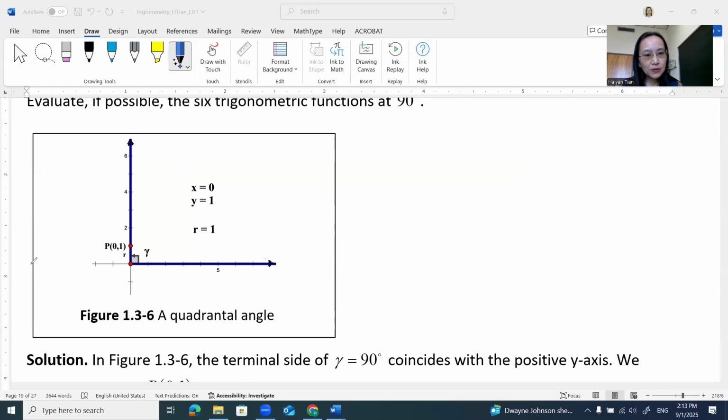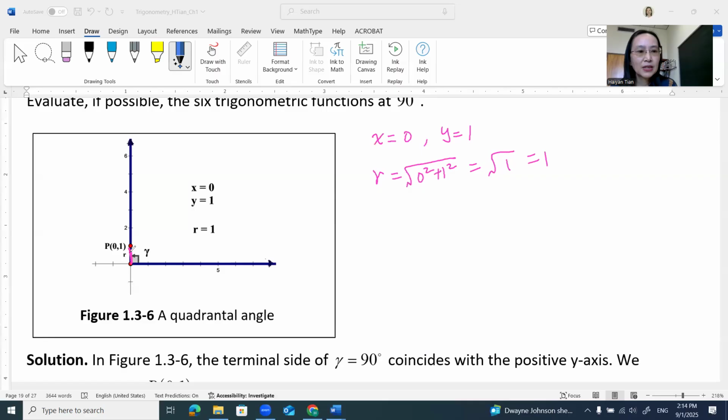So now for this quadrantal angle, let's say we call it gamma. Then what is the sine of gamma, cosine of gamma, etc.? We want to decide. Still, we use a point on the terminal side of gamma. The point has x coordinate 0, y coordinate 1. Then what is r? R is the distance from the point to the origin. So it is the square root of 0 squared plus 1 squared, which is the square root of 1, still 1.